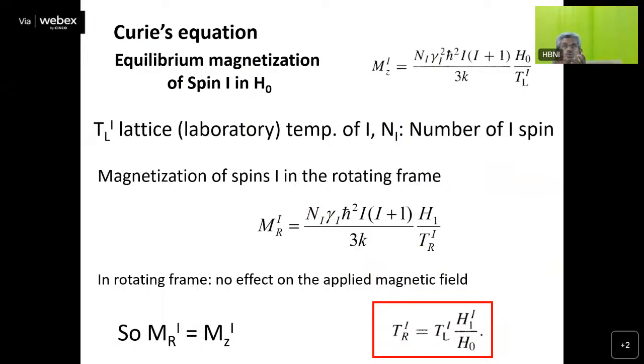Since we are rotating also, in the rotating frame this H0 effect will not be there, so only the applied frequency of the pulse will be there. That is what I have written here. It is nothing but H1, the applied magnetic field coming through the pulse, and TRI is the rotating frame temperature. TL is the lattice or laboratory frame temperature, and TR is the rotating frame temperature.